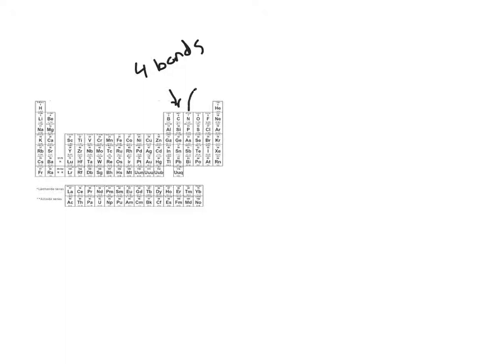Nitrogen can make 3 bonds because it has 3 empty spots in its valence shell. Oxygen can make 2 bonds because it has 2 empty spots in its valence shell. And finally, fluorine can make 1 bond because it has 1 empty spot in its valence shell.